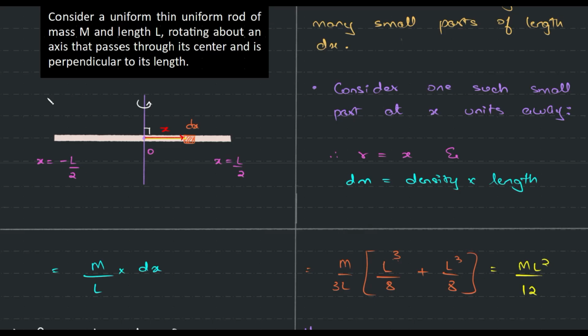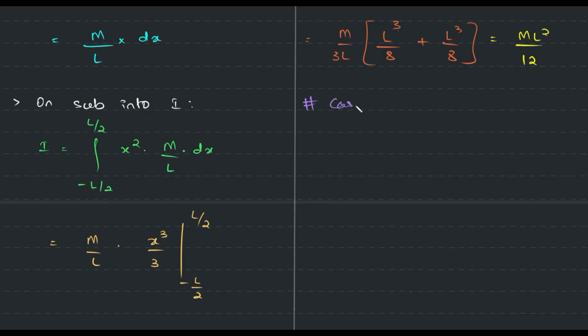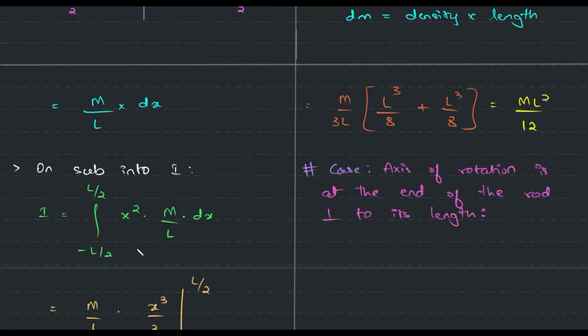Now let's shift the rod to the extreme case, where the axis of rotation is at the end of the rod, perpendicular to its length. What we have here is the same diagram, just that we have it over here.